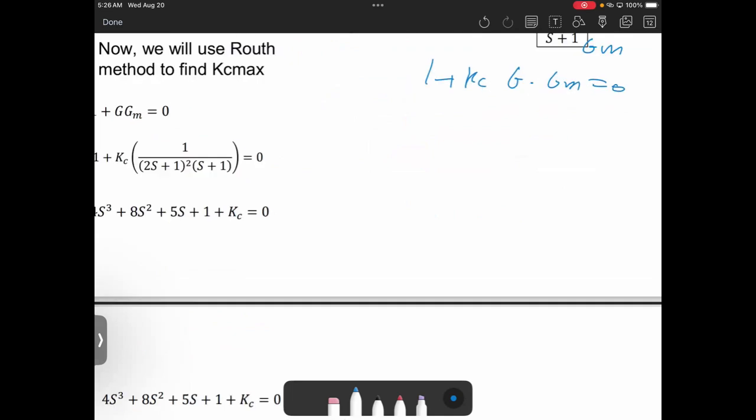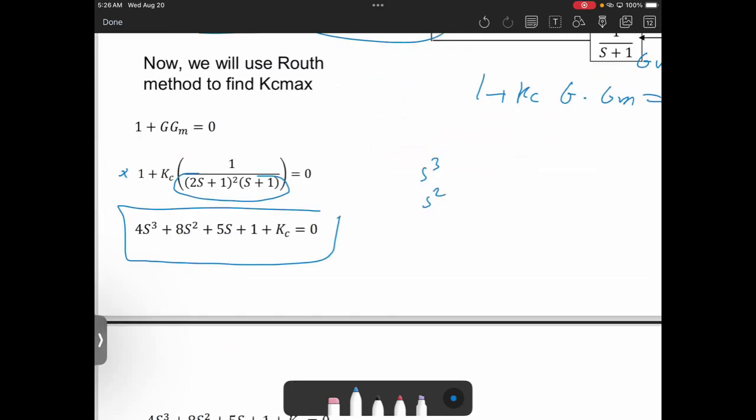So how can I do Routh? This is s cubed, s squared, s to the power 0. Then let's use here 4, 8, 5, 1 plus Kc. So what's going to be the term here? It's going to be 4 times 1 plus Kc, minus, it is negative, 4 times 1 plus Kc, minus will be plus 40, divided by 8.